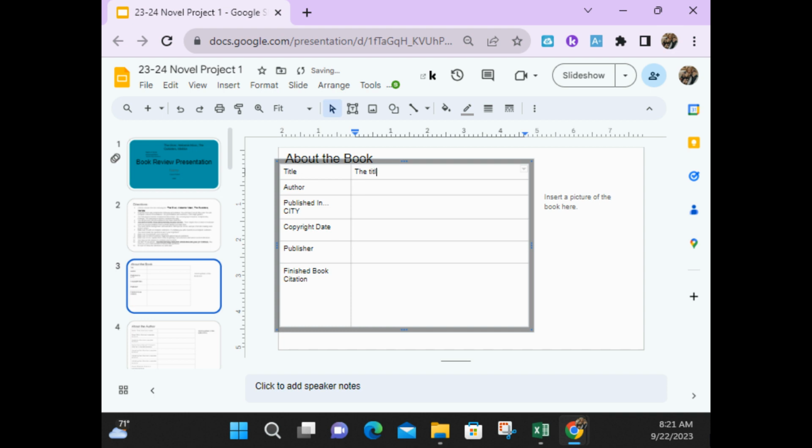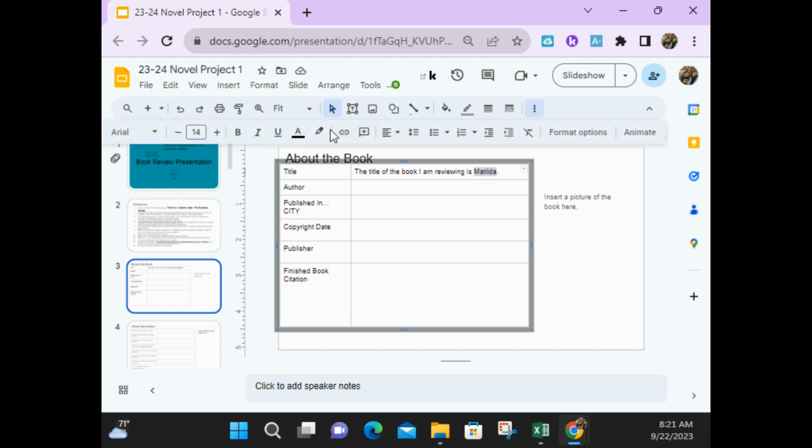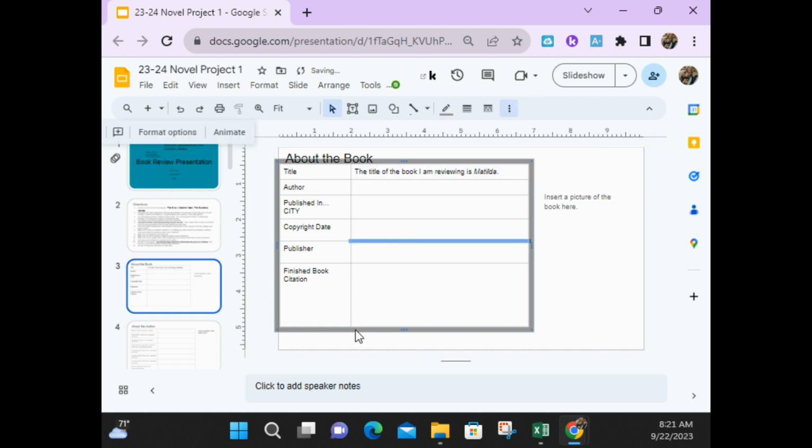The title of the book I am reviewing is Matilda. Now, what do I need to do to Matilda? I need to put it in italics.